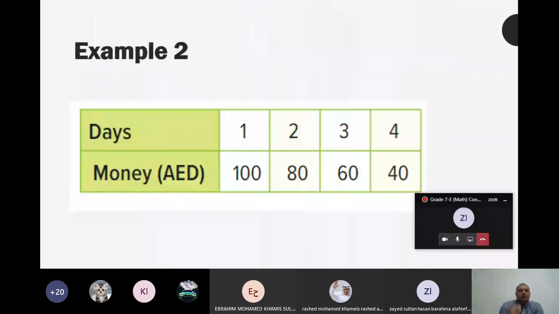Example 2. The table shows the relationship between days and money earned or lost per day. We can see that the days increase by 1 every time, and the amount decreases by 20 every time.